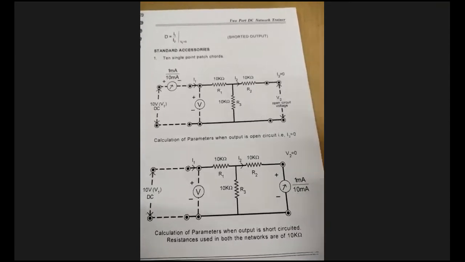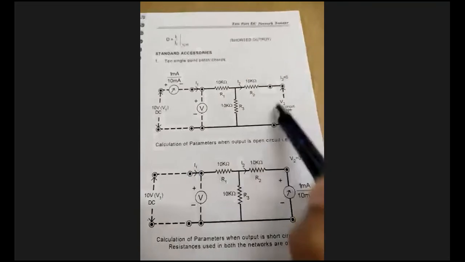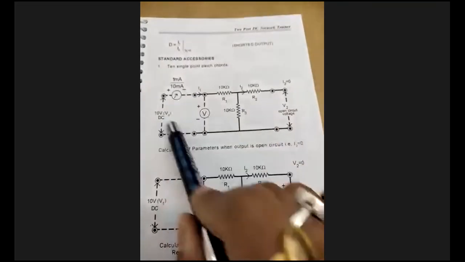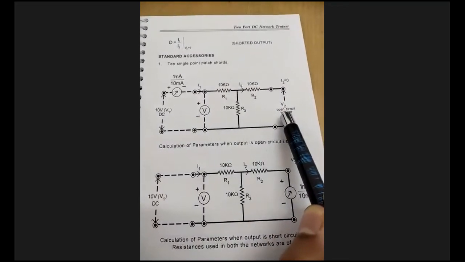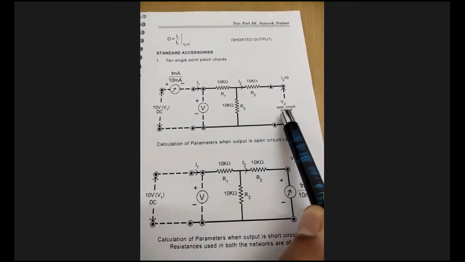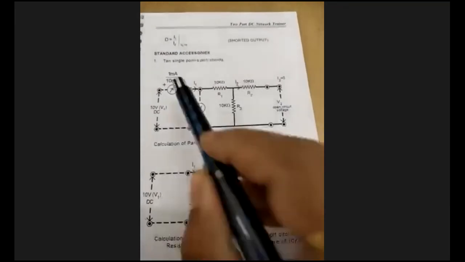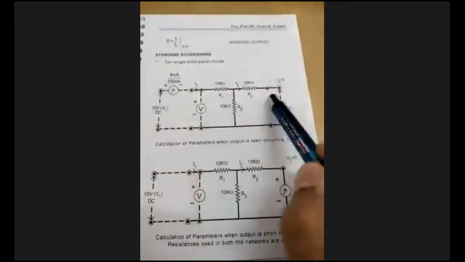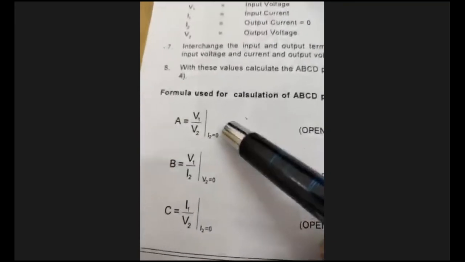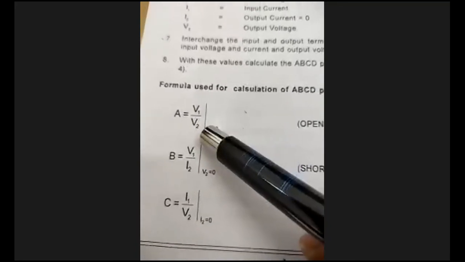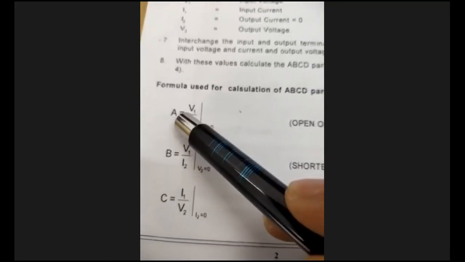So that is clear. From this circuit, if we design it in our trainer kit, then we will find out I1, V1 and V2. If we find out I1, V1 and V2 when I2 equal to 0, then in the equation for A, if we put the value of V1 and V2, we can easily find the value of A in the ABCD parameter.